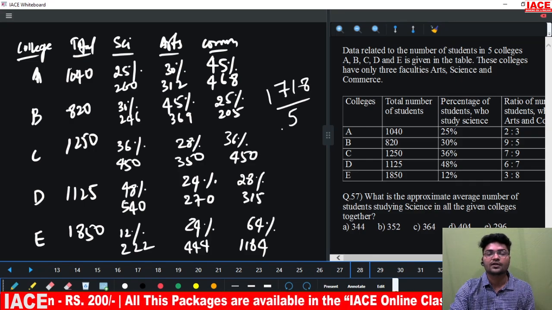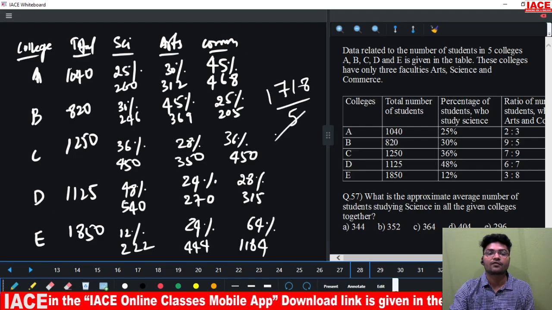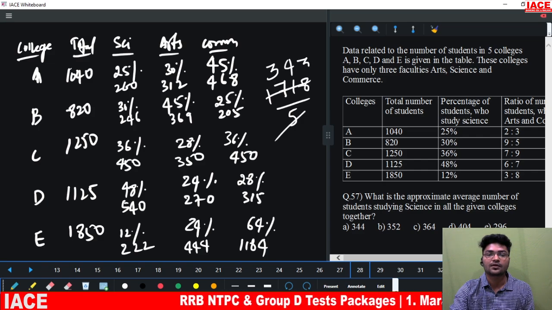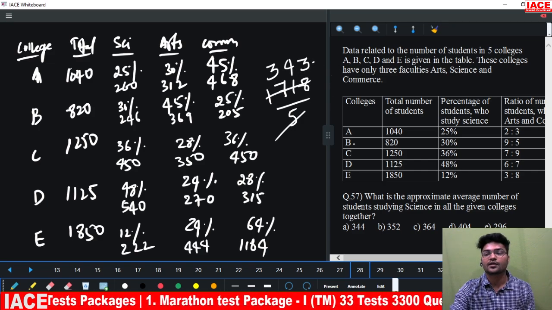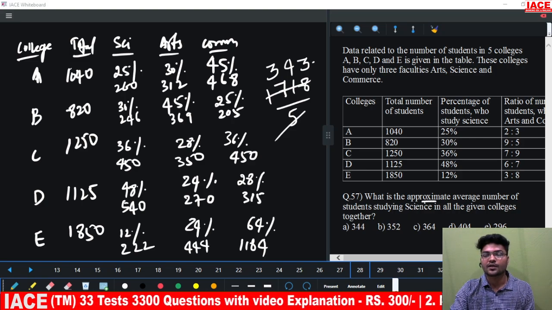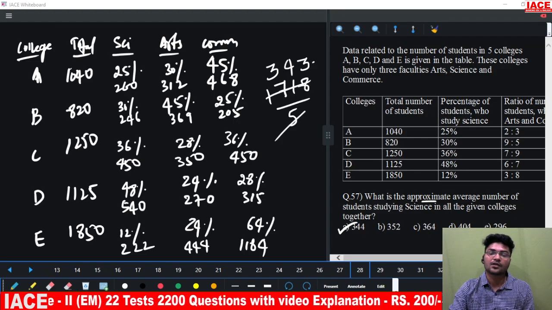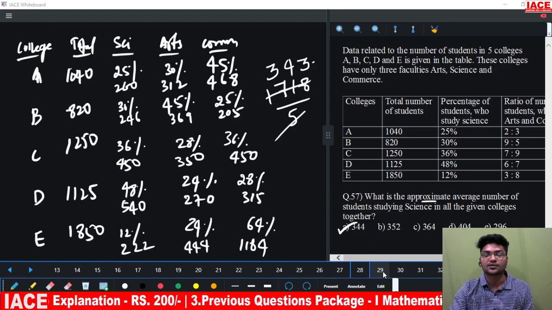Divided by 5 means how much? 5 ones are 5, 5 threes are 15, and so on, giving 343 point something. Since it is asking us to calculate approximately, it will be 344. Option A will be the correct answer.